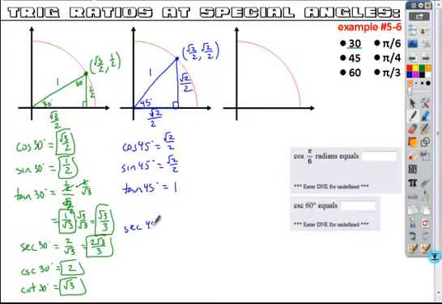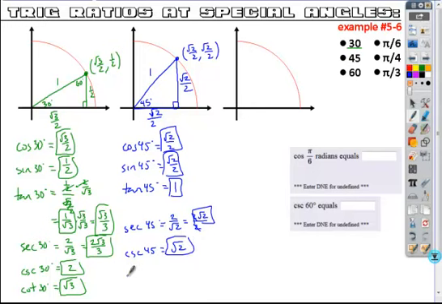For the reciprocal ratios, we take the reciprocal. 2 over root 2 is like saying 2 root 2 over 2, so we can cancel the 2's, and we get just root 2. The cosecant of 45 degrees is the exact same thing, root 2. Finally, the cotangent of 45 degrees is the reciprocal of 1, which also happens to be 1.